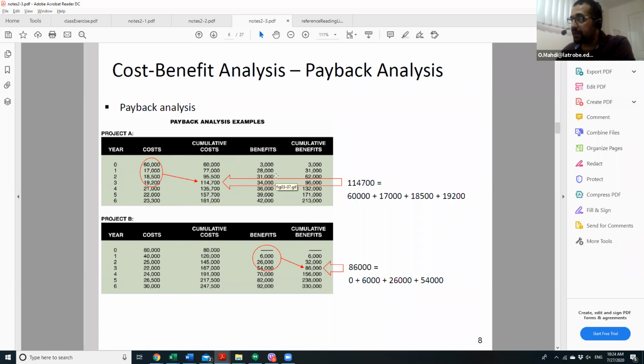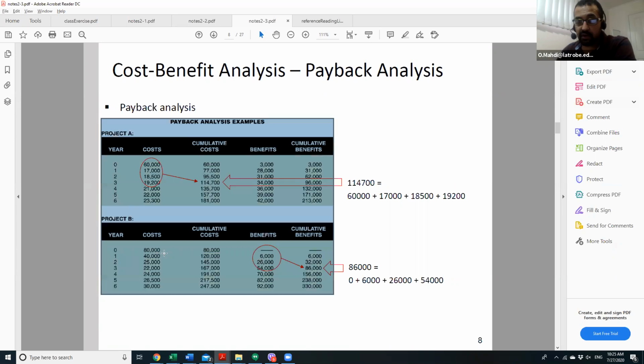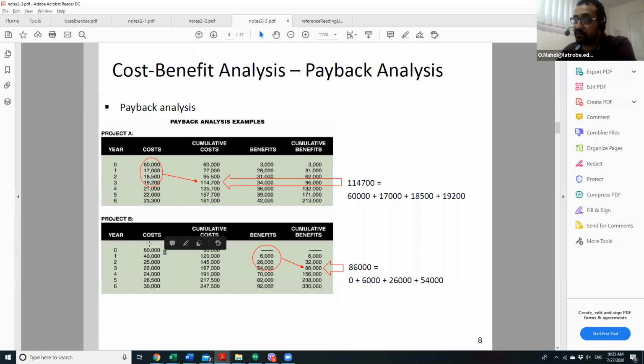And exactly the same thing for project B. When we want to calculate the cumulative cost of the first year, because there are no previous years, we take the initial cost of the first year directly. The initial cost of the first year will be the cumulative cost of the first year as well.